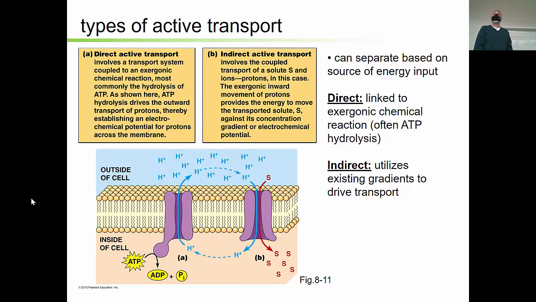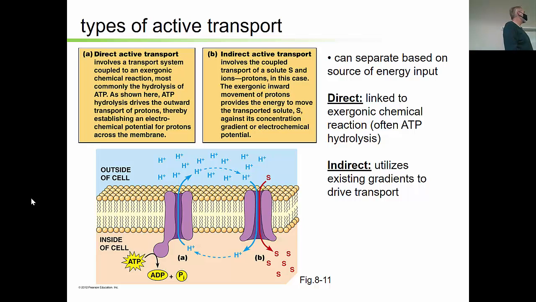So in this example, we can see we're using ATP to drive protons, H plus, up a concentration gradient. So we're hydrolyzing ATP to ADP and orthophosphate, and we are moving a proton up a gradient, in this case, from inside the cell to outside.